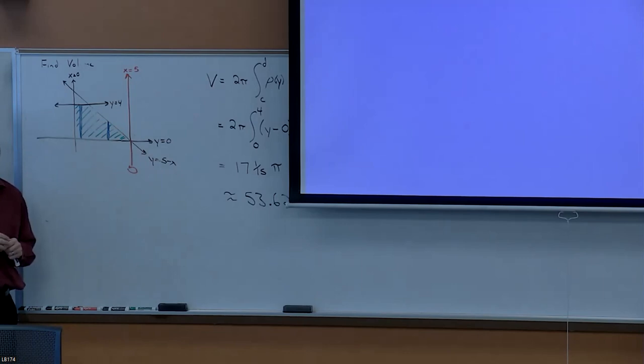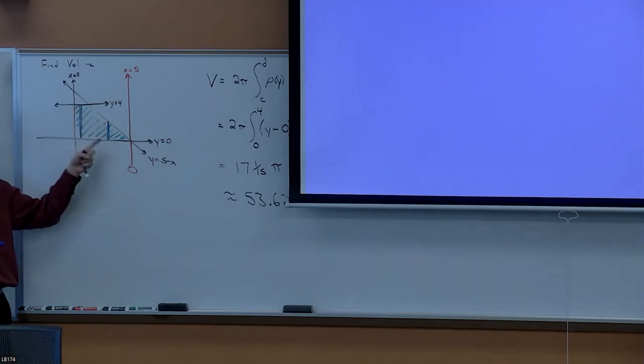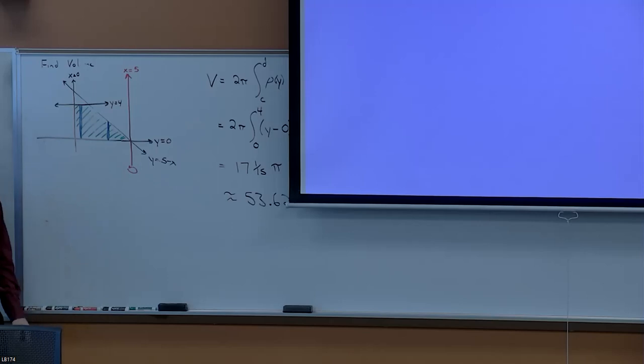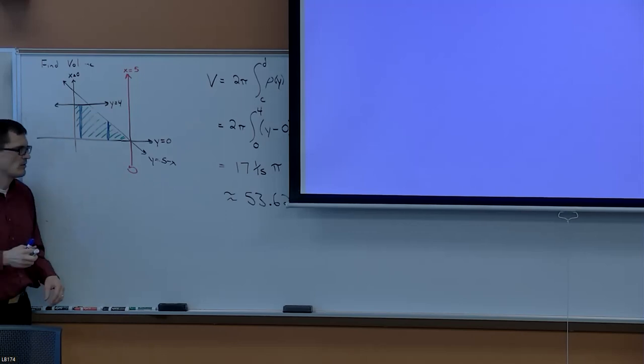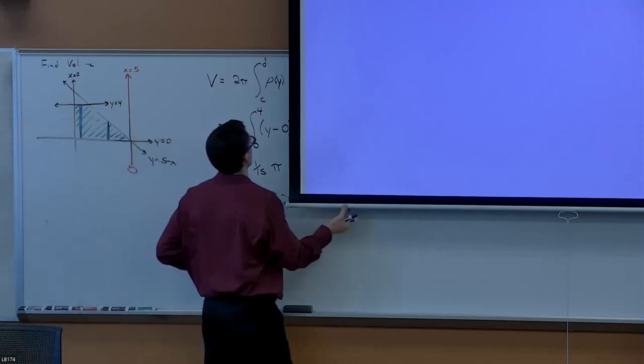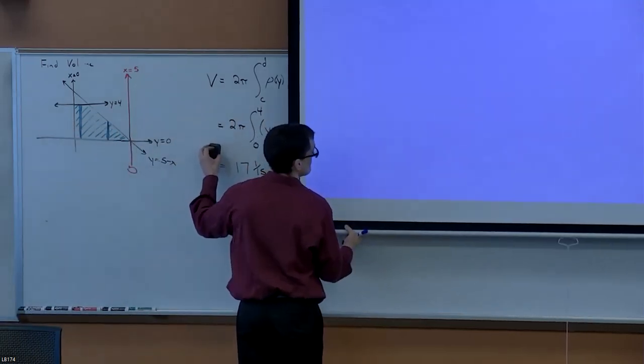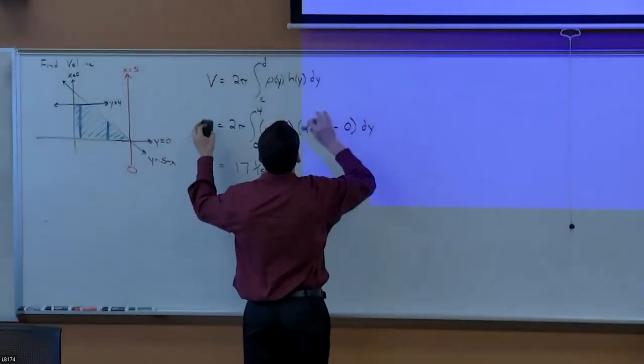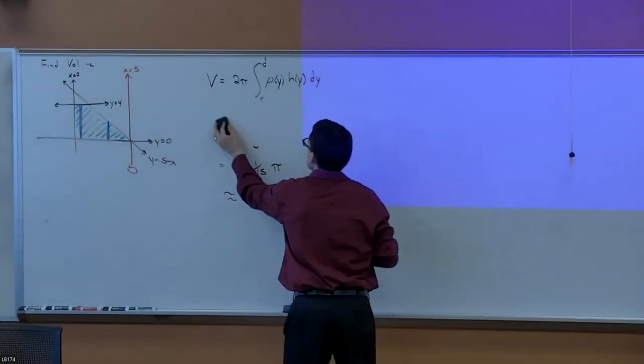Okay. So because I have two different tops to my rectangles, I'm going to have to create two different integrations. Now, there's actually a couple of different ways you can see this.